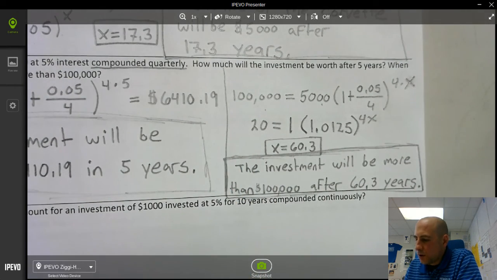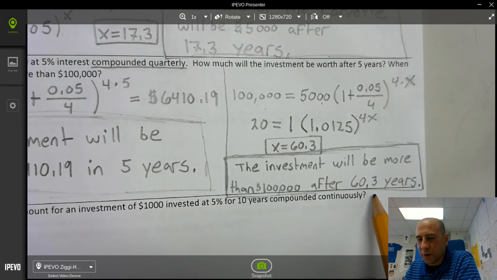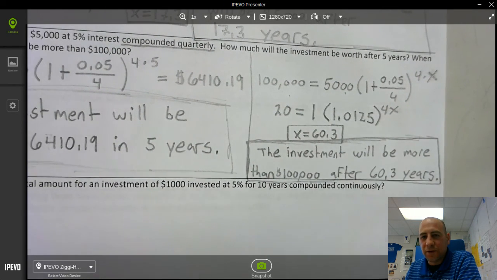All right. So if you said good, I'm thinking that you said good because you took a $5,000 investment and made it into $100,000. I think that's pretty good. But it's bad because it took you 60.3 years. So that means if you're 30 years old, then when you are 90, you could get the money.